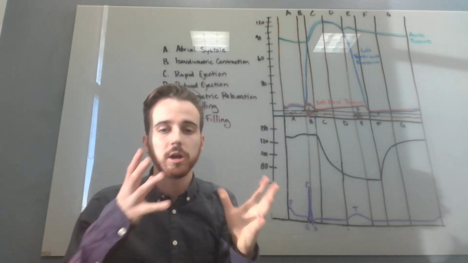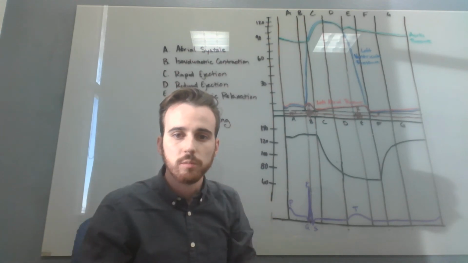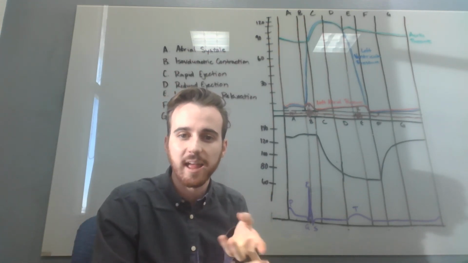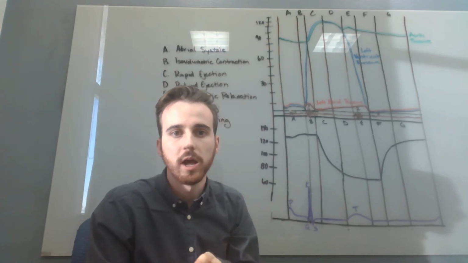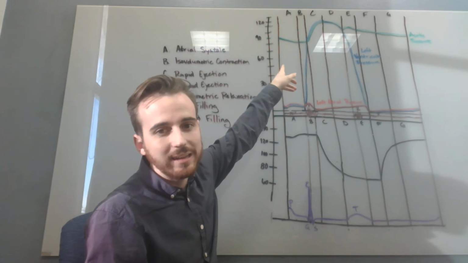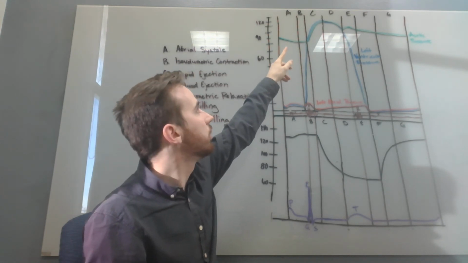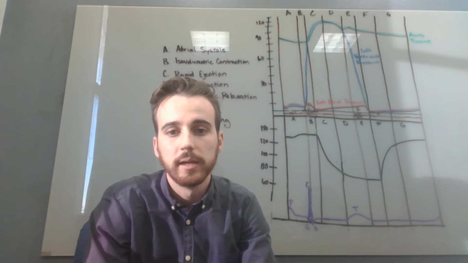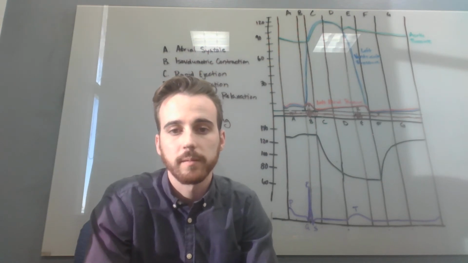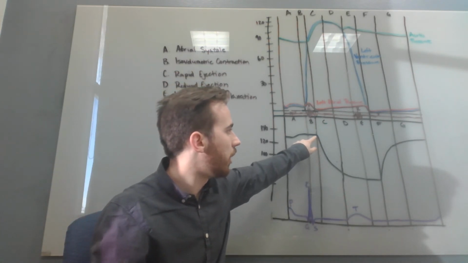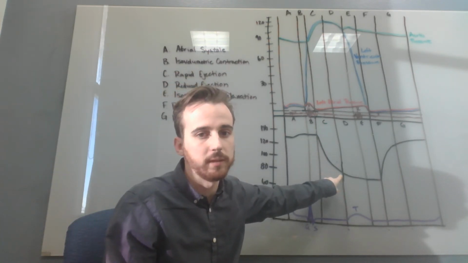Our heart continues to contract, pushing blood out, increasing the pressure of both the ventricle and the aorta, okay? So our pressure goes up from about 80 millimeters of mercury all the way up to 120 millimeters of mercury in time course C. And we can see at the same time our volume is rapidly decreasing.